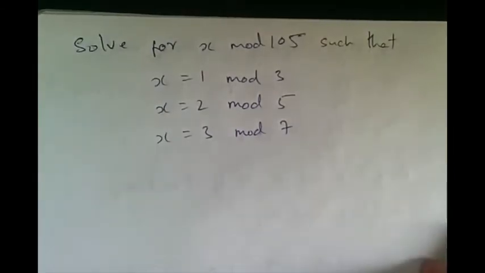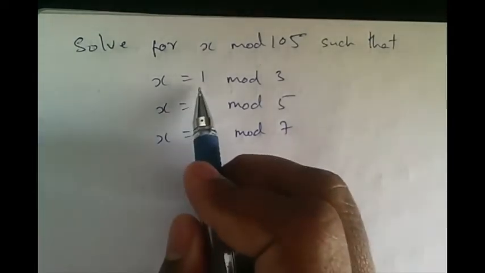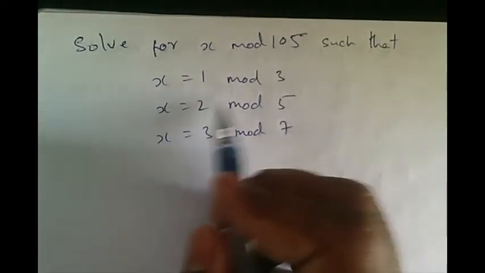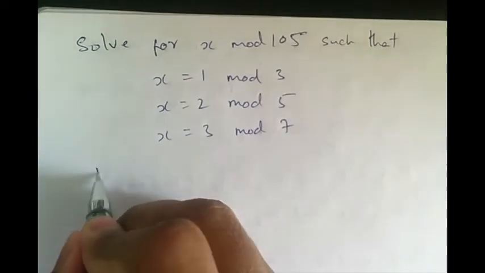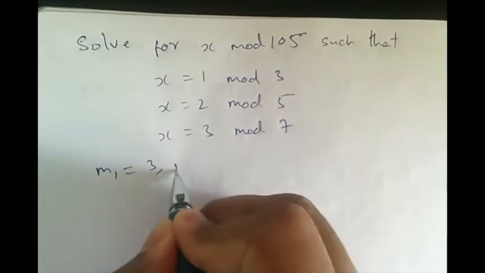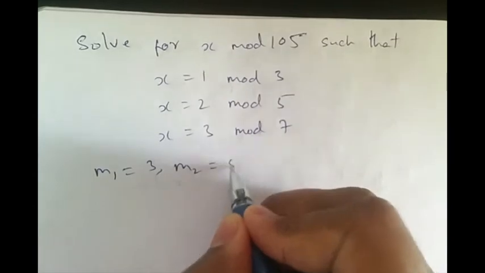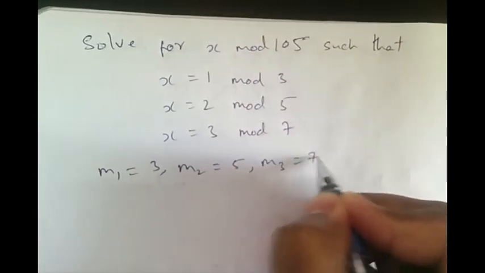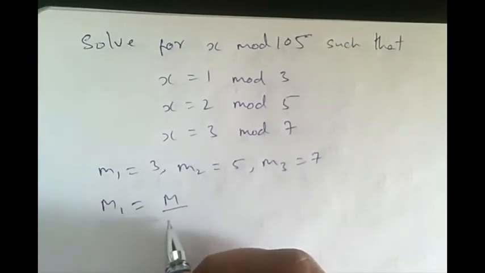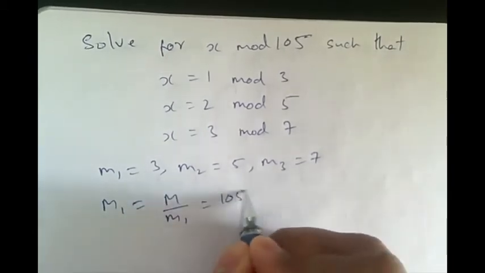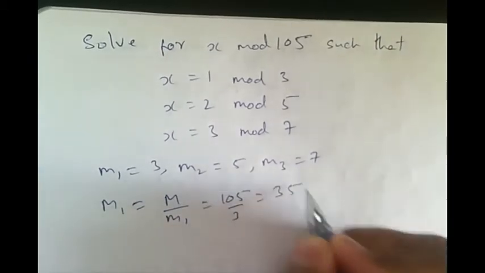So now we are ready to solve this system of congruences modulo 105. Find x modulo 105 such that these three congruences are satisfied. So what is our little m1 here? 3. Little m2 is 5. Little m3 is 7. So capital M1 is capital M by m1, which is 105 by 3, 35.